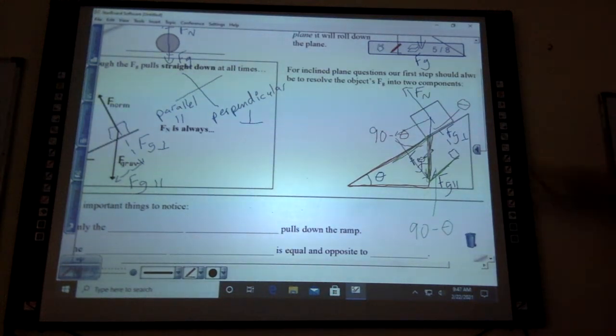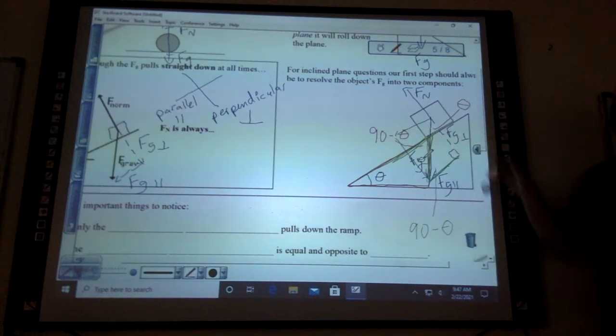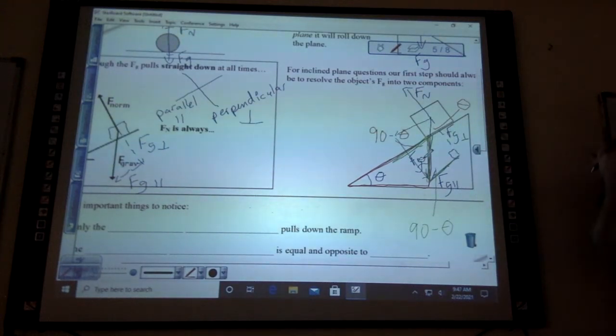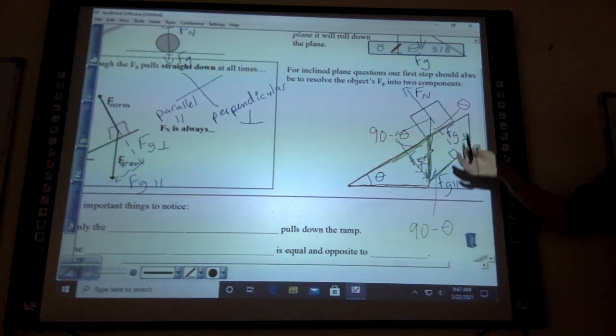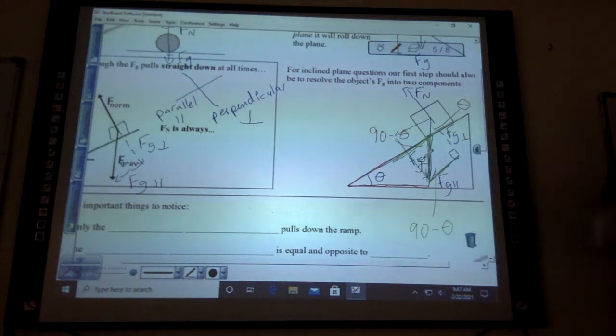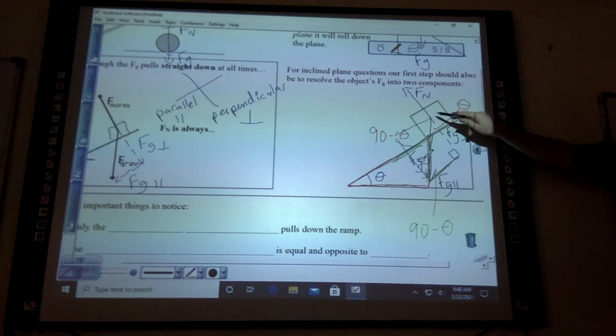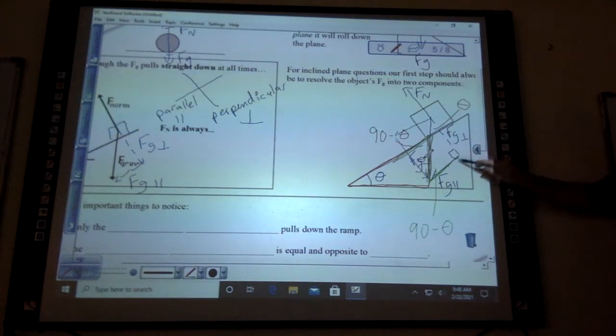Instead of trying to remember how to do each of these, you can just memorize which one it is. That's going to be quicker. I wanted to show you the process so that if you ever get lost, you can at least hopefully remember that. But essentially, if I set up my perpendicular first, then my parallel, the angle's at the top. Because that's always going to be the case.